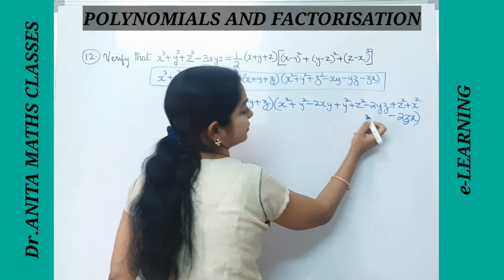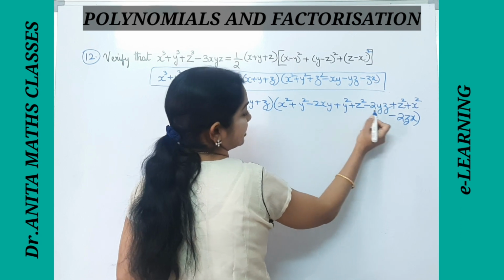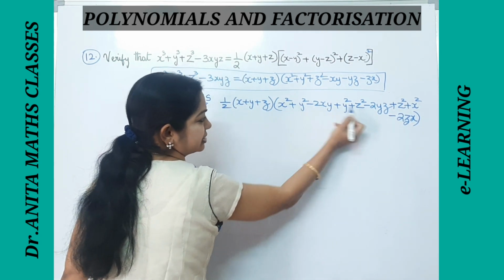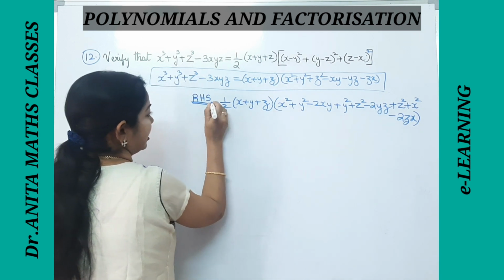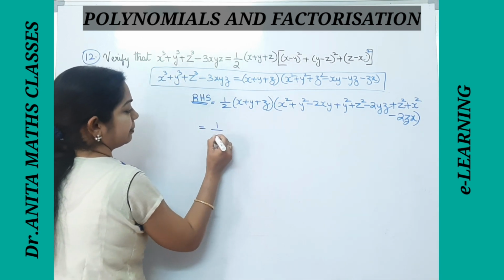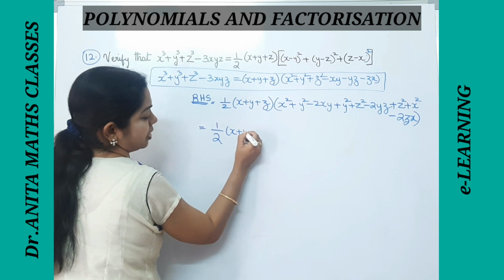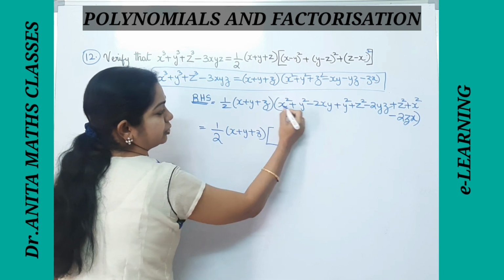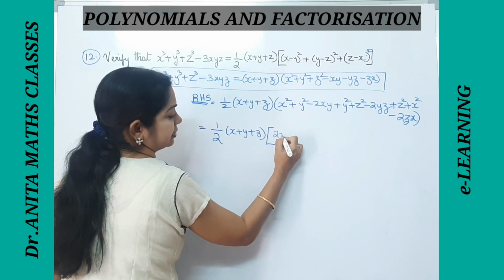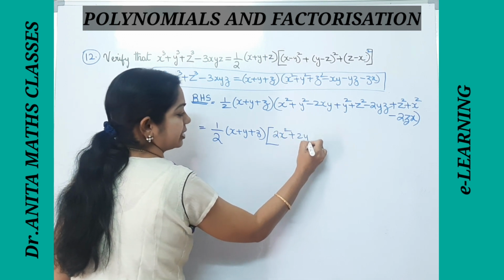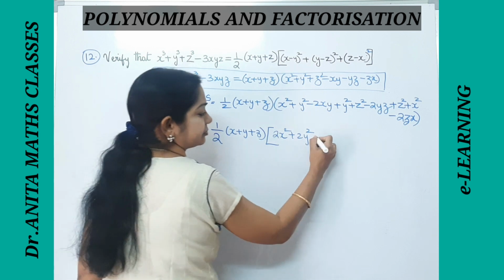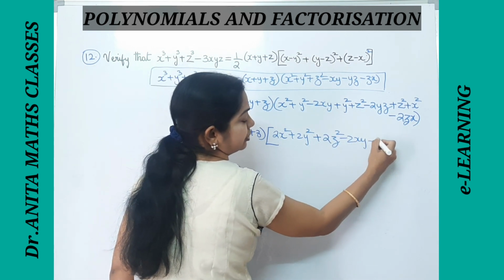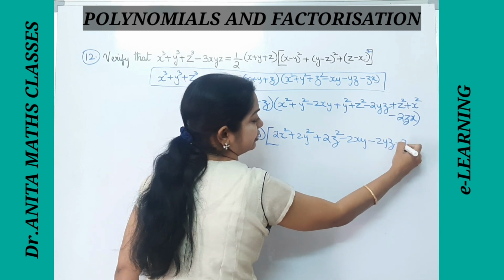Now here whichever terms are cancelled we can do, but there are no cancellations, and here 2y squares, 2x squares and 2z squares. So I'll write here 1 upon 2 x plus y plus z. If you take here, you have 2x squares, 2y squares and 2z squares, and again 2xy, 2yz and 2zx.